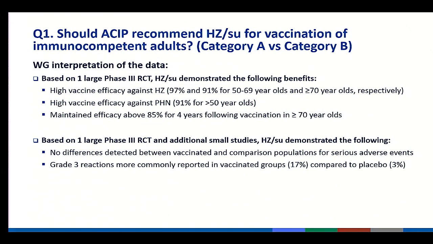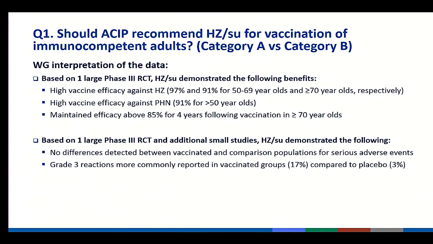With respect to the first policy question, should ACIP recommend herpes zoster subunit for vaccination of immunocompetent adults? The workgroup interpretation of the data is as follows. Based on one large phase 3 randomized controlled trial, herpes zoster subunit vaccine demonstrated the following benefits.